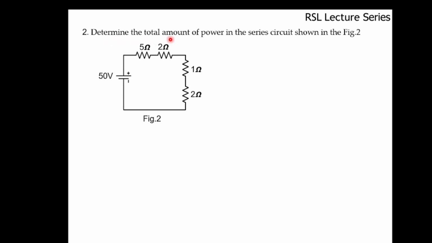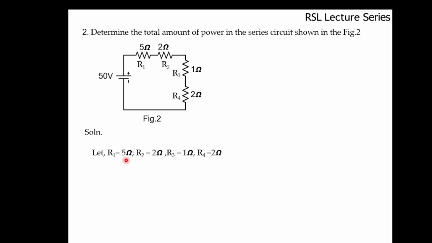Here the question is: determine the total amount of power in the series circuit shown in figure 2. Again, in a series circuit the current remains the same, voltage divides, and at the same time power also divides. So let us solve this problem. We consider all four resistors, R1, R2, R3 and R4.